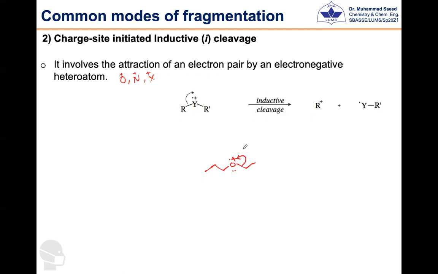And just note that this time we are drawing the full-head arrow, because now both electrons in this bond are moving together and they rest on oxygen. And the bond which has moved will cause the bond breakage, and this site which is losing the electrons will get a positive charge, and oxygen after getting this lone pair will become a neutral species. So this species will be lost, and M over Z for this ion will appear in the mass spectrum.